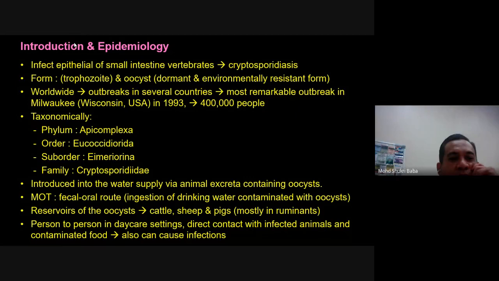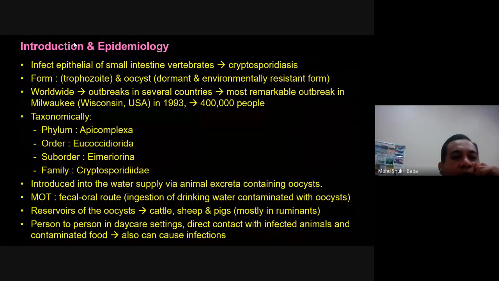Taxonomically, phylum is Apicomplexa, order Eucoccidiorida, suborder Eimeriorina, family Cryptosporidiidae. They were introduced into the water supply via animal excreta containing oocysts.